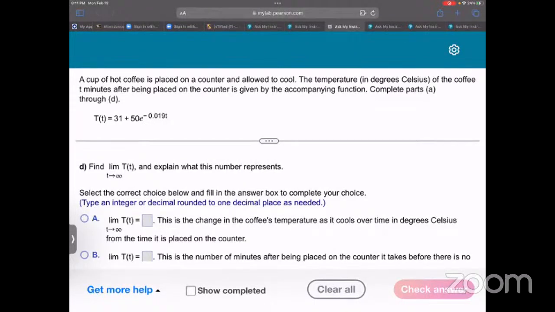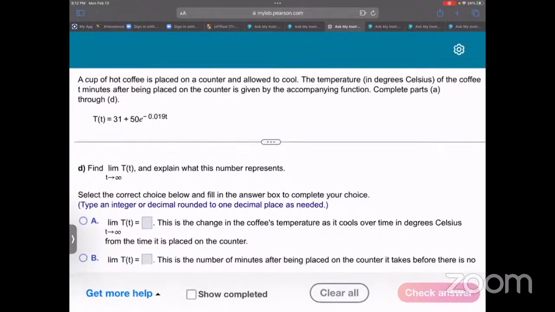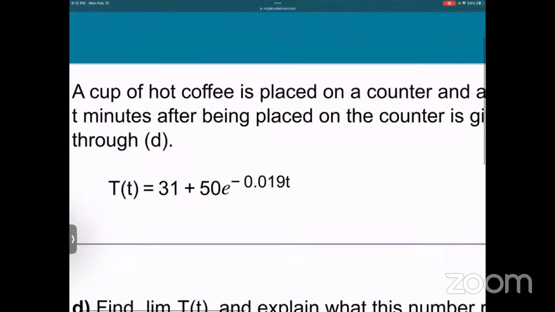So this exponential is essentially in the denominator, right? We have 50 over this exponential, e to some power. So as we let that power get bigger and bigger, that means the denominator is going to infinity, right?